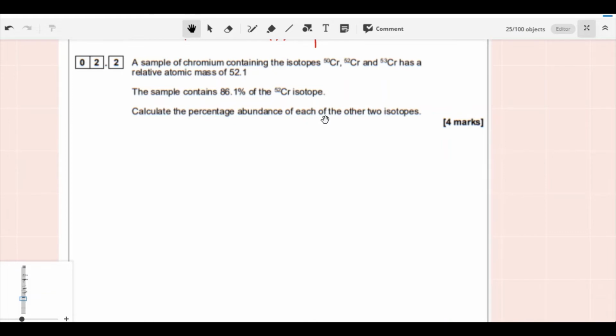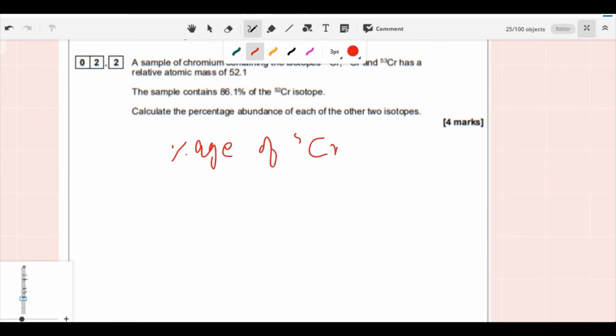So here the given data is: first, the percentage of chromium-50 and chromium-53, that equals how much?